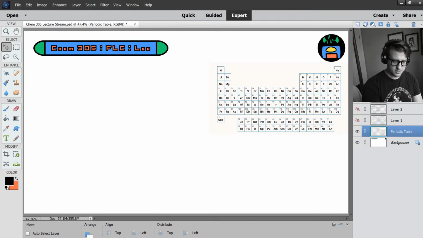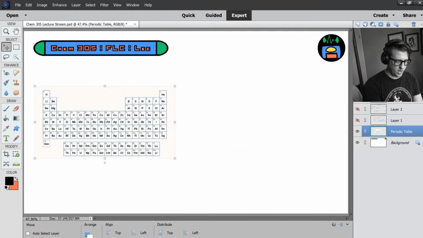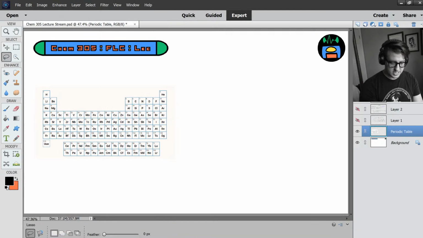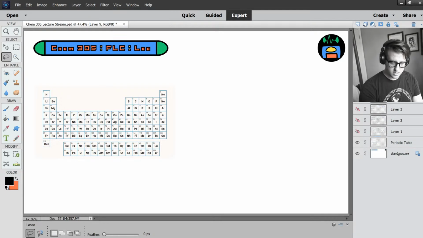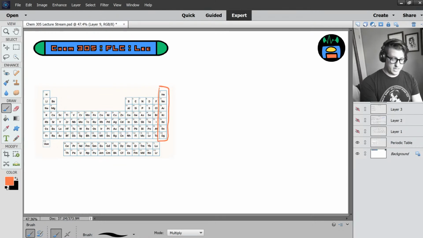actually lies right here in the periodic table, and not just the table in general, but specifically here in the last column of the periodic table.